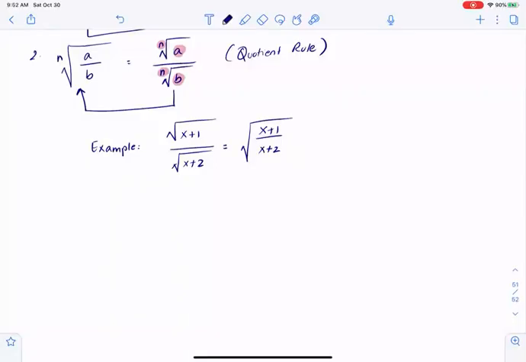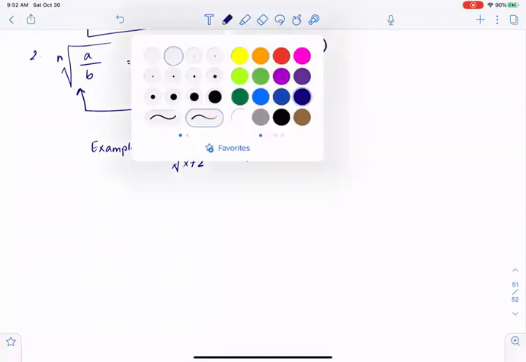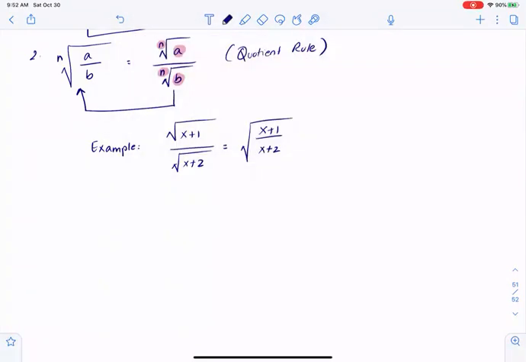So this is perfectly fine. The roots are identical, so I can combine them together. But writing it this way is not okay.